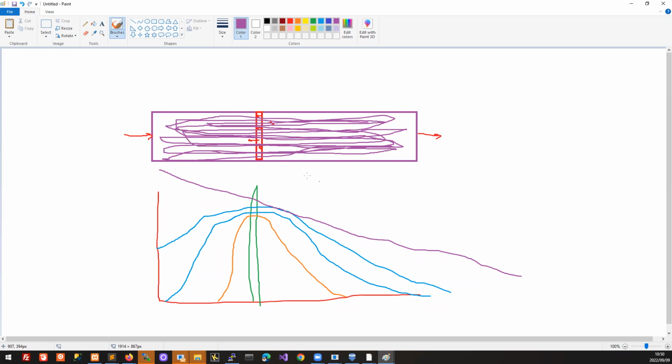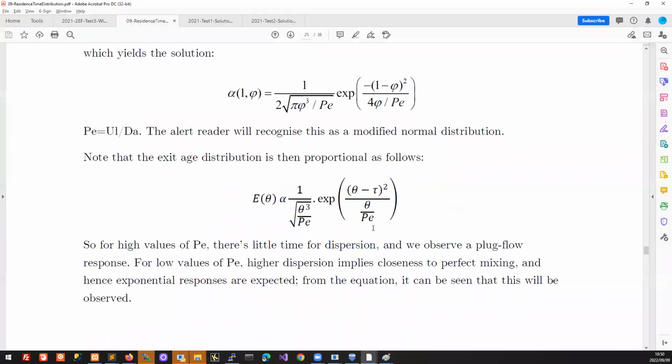So in the dispersion model, equivalently, we start from a PFR and work our way back to the CSTR. And so again, we have a nice model with a parameter that can tell us how close we are to perfect mixing or perfect plug flow.